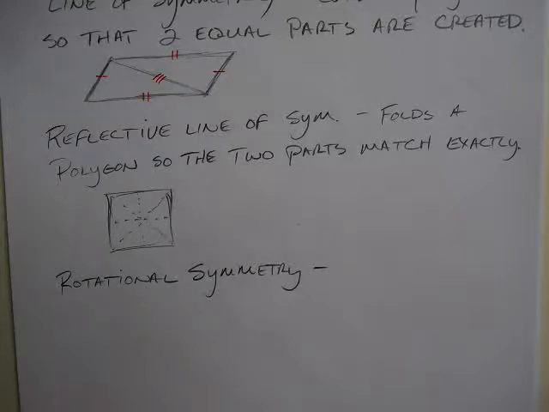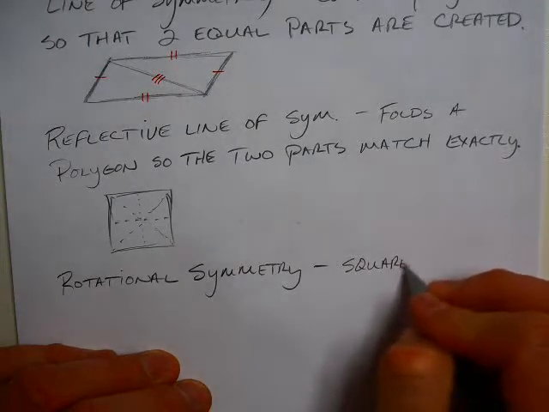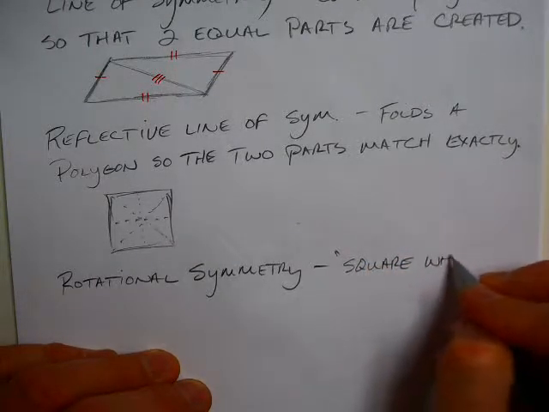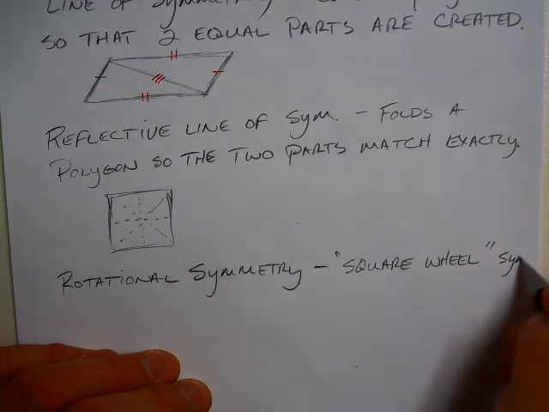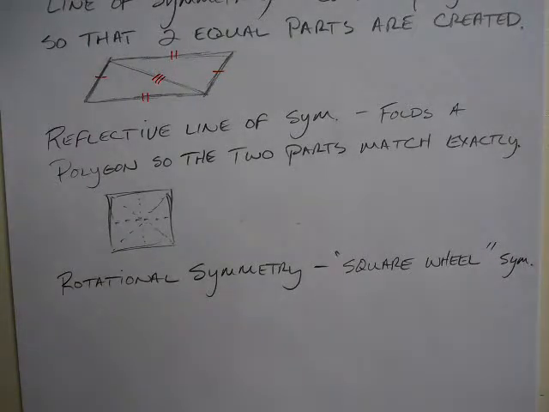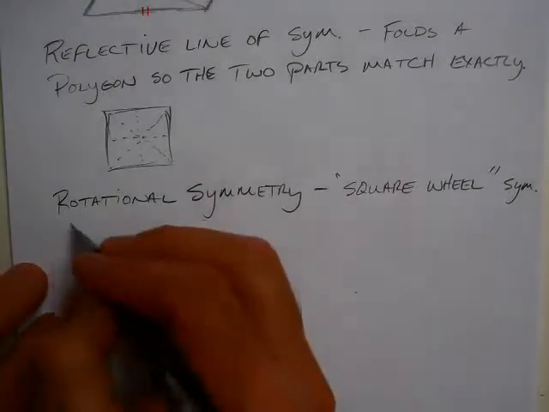Or, in the example that I'm going to give, it's going to be a five-sided wheel. Okay? But I'm going to call this the square wheel symmetry. That's my term for it. And that's when we spin a shape and see how many degrees we have to rotate the shape until it falls back into itself, or clicks back into itself.